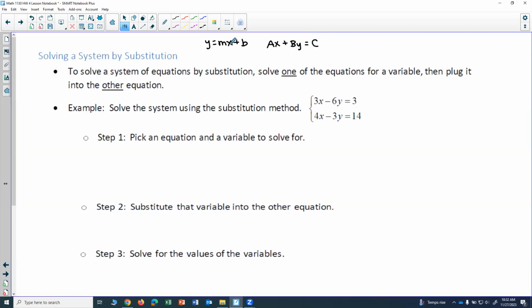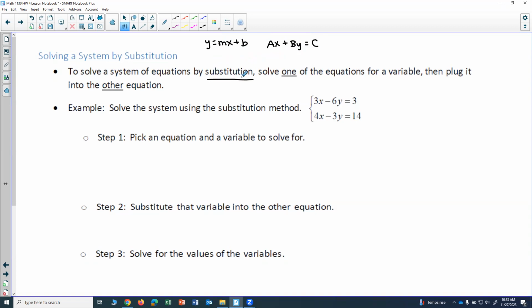Or they can just be able to be put into these forms. If you're able to put an equation into one of these forms, it's a linear equation. But we'll look at systems of two of these equations, and we're going to solve by substitution.